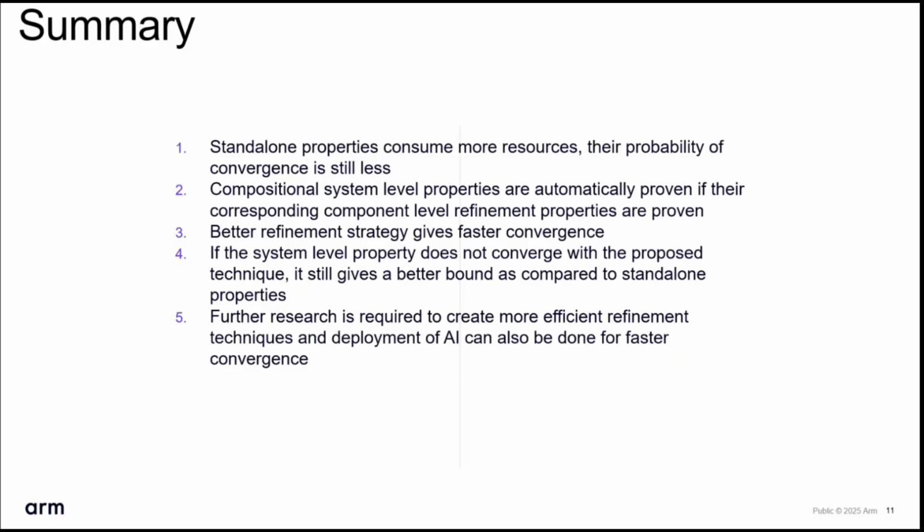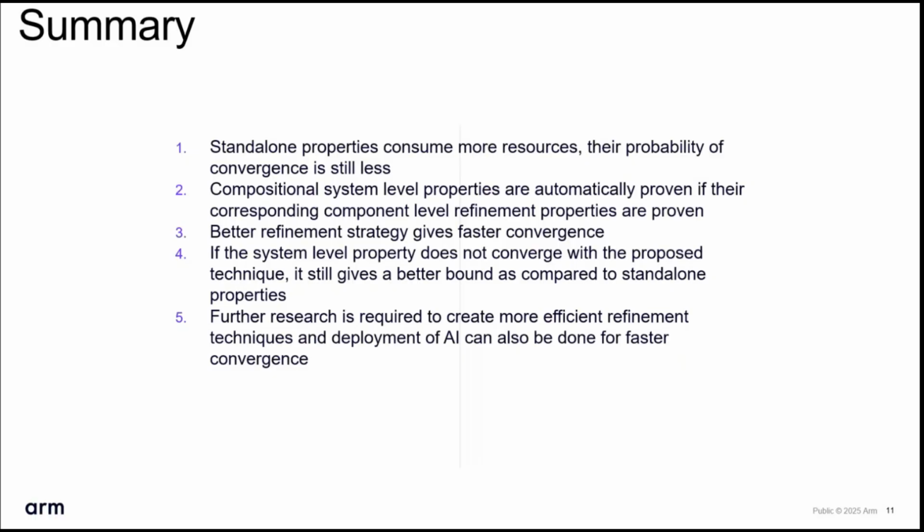But tools like Jasper Gold, or many other tools in the market, automatically start converging the system level property also. So the system level convergence shows me a better bound. But if you are doing good composition, then mathematically it is really not required to converge the system level property.